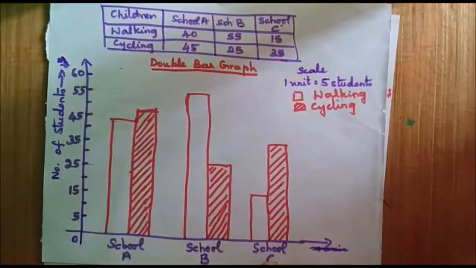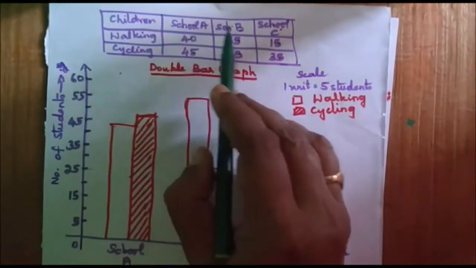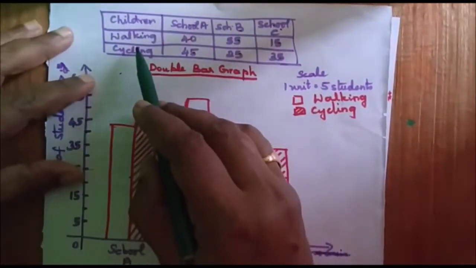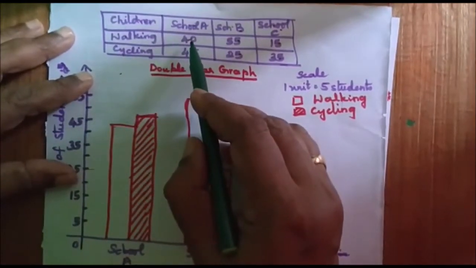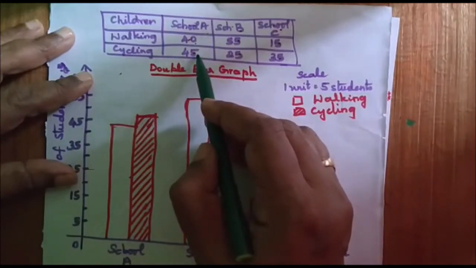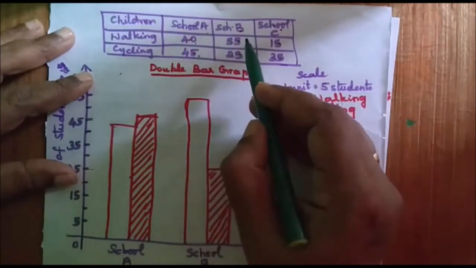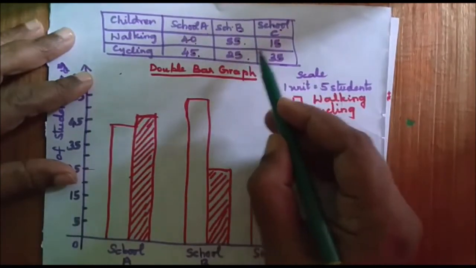Now we will go to a double bar graph. How to draw a double bar graph? Here we are given data like children of schools A, B and C, and how they come to school by walking or cycling. The number of students who come by walking is 40 in school A and cycling is 45. School B walking is 55 and cycling is 25.